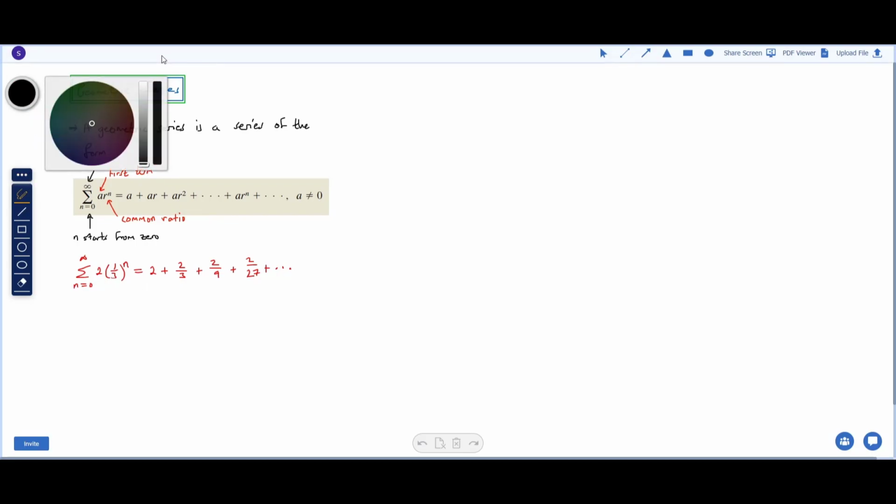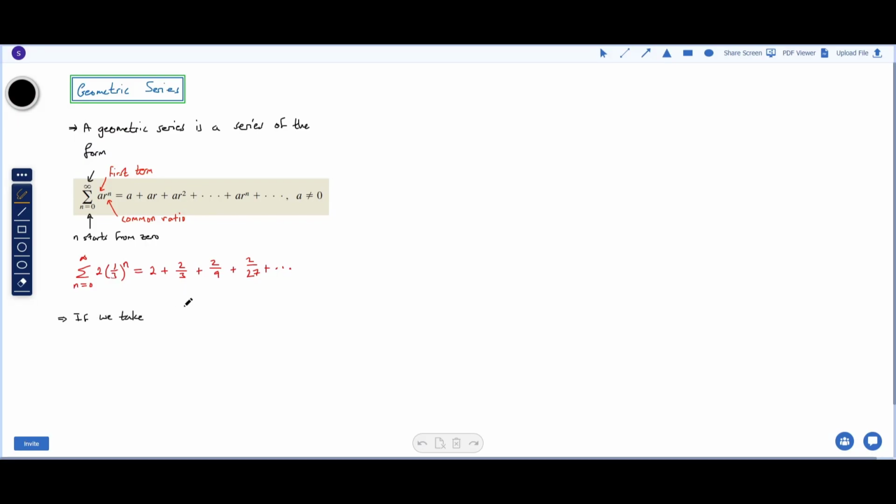So if we take the ratio of any term to its predecessor, we find that the ratio is the same, 1/3.